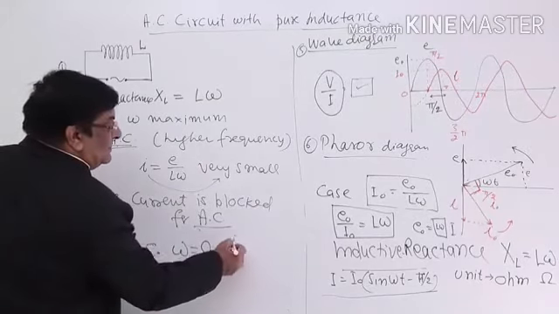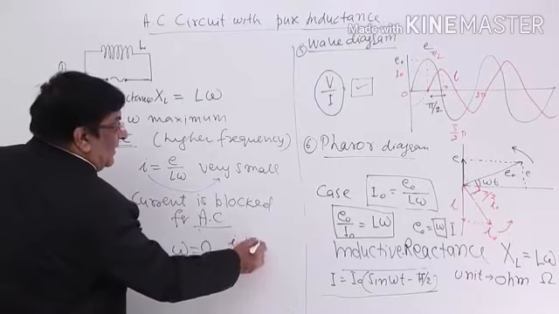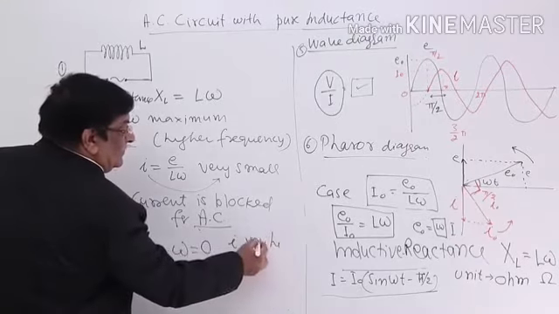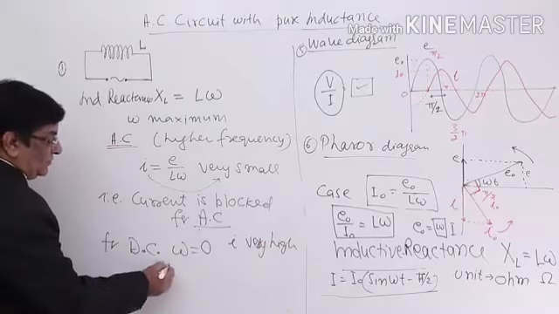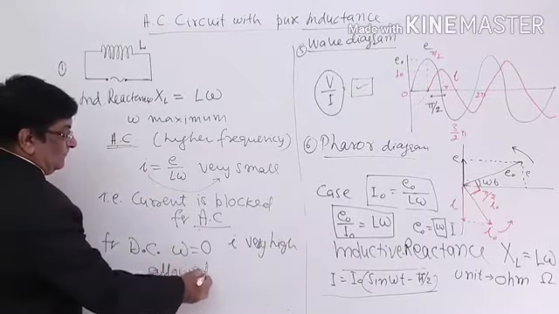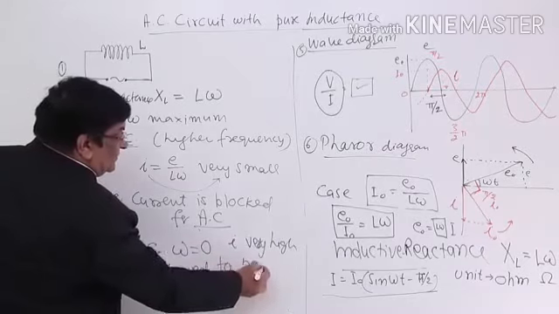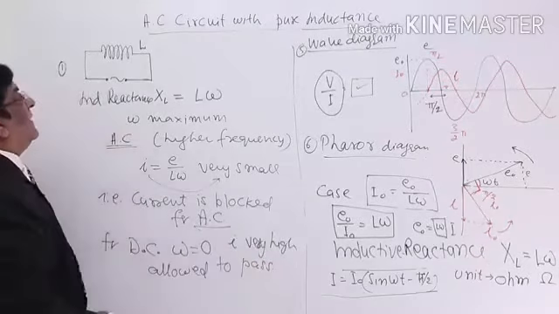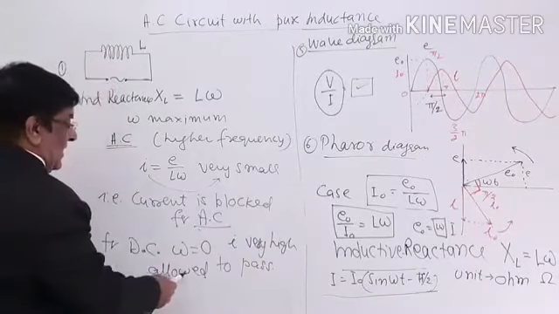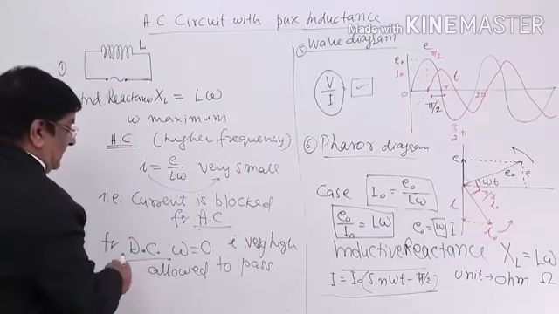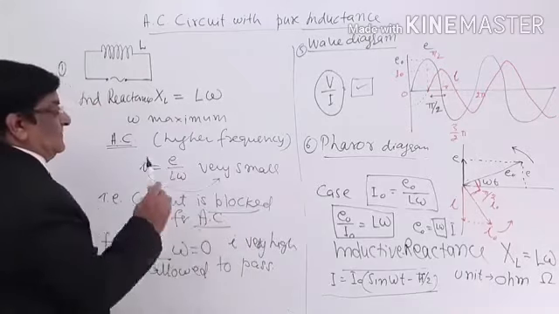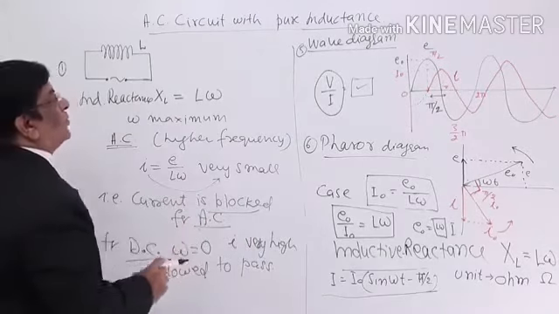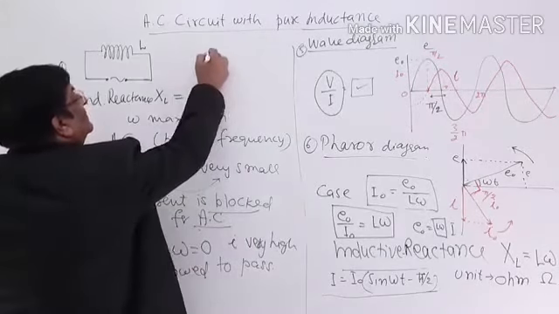I is very high, allowed to pass. So remember, an inductor allows DC to pass. An inductor blocks AC. So this is a thumb rule you should remember.